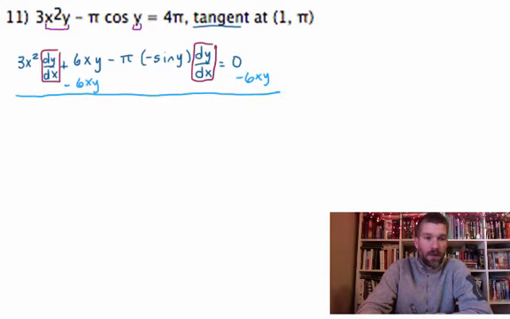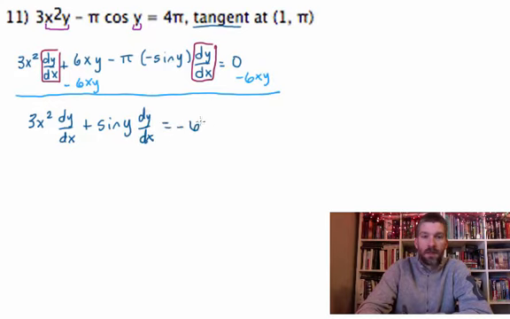And when we get done doing that, we're going to have 3x squared dy/dx plus sine y dy/dx equals negative 6xy.